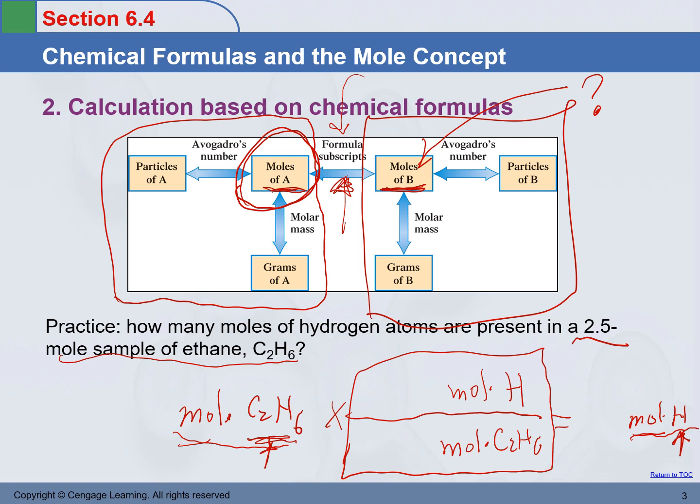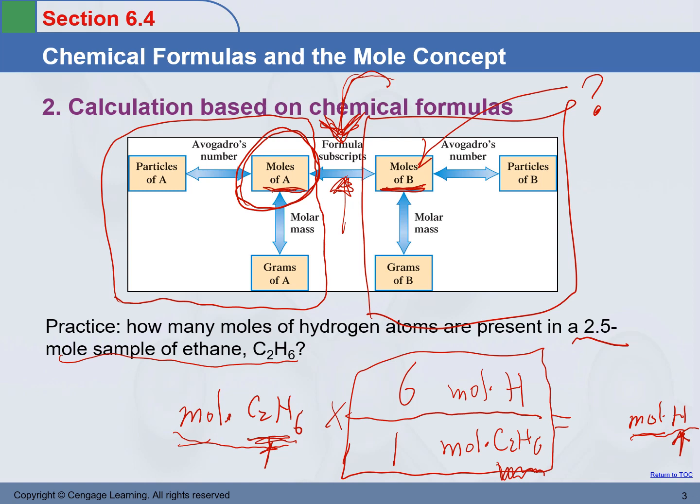Let's move back to the flowchart. The flowchart tells you to get this relationship from the formula subscripts. We just learned on the last slide how to look at a chemical formula. C2H6 tells us that in every 1 mole of C2H6, there are 6 moles of hydrogen.